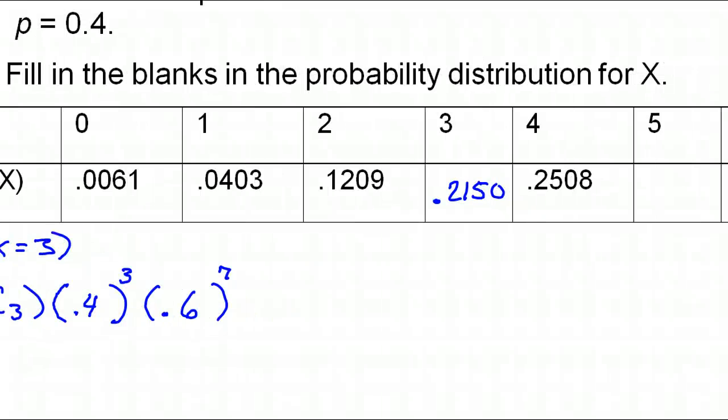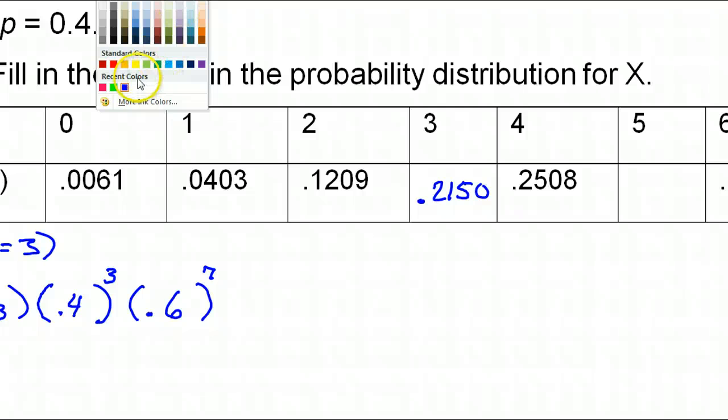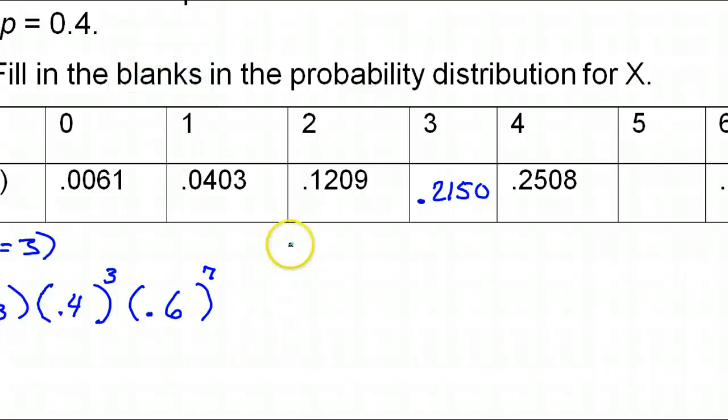Alright, now let's move on to the probability of 5. I'm going to change colors real quick. Now I am calculating the probability that x equals 5. That means the probability of having 5 Hispanics on the committee. So once again, the total is 10, 10 members on this committee.